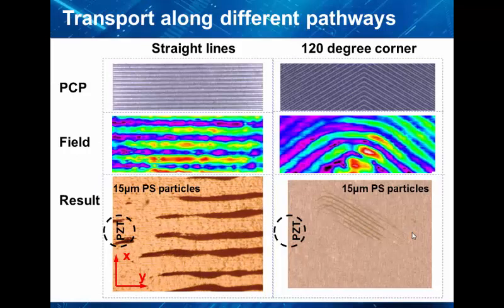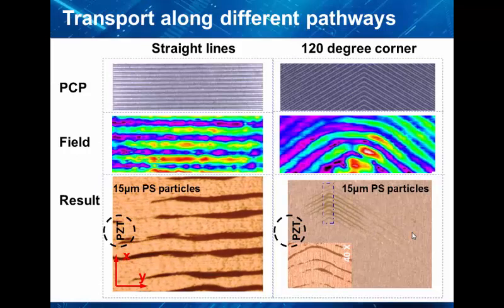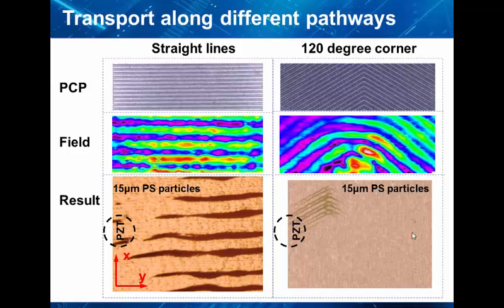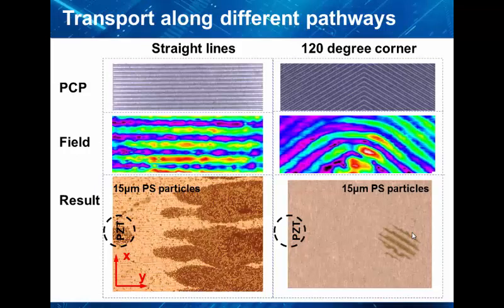Due to the confinement of the acoustic radiation force in the x direction, these particles can always be transported along the patterns of the plate. This result suggested that with phononic crystal guided methods, particles can be transported along arbitrary pathways.